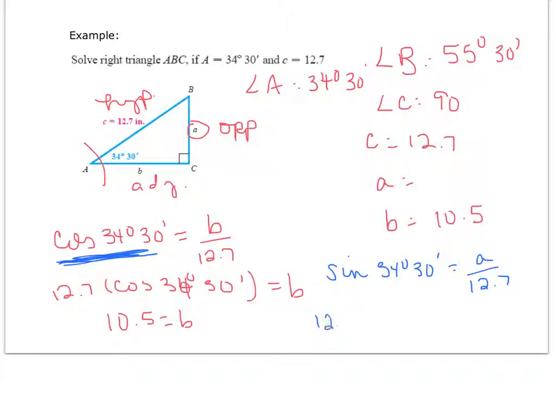We get 12.7 times sine of 34 degrees, 30 minutes equals A. And again, we're just going to round it to one place. So you wind up with 7.2 equals A. And those are our final answers.